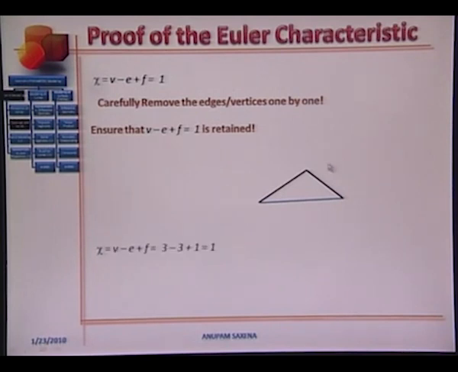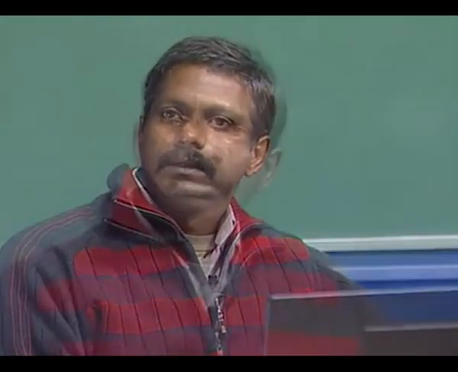What remains finally is a triangle for which the number of vertices is 3, the number of edges is 3, and the number of faces is 1. So chi equals 1 remains. This is a QED for a pictorial proof for the Euler characteristic.